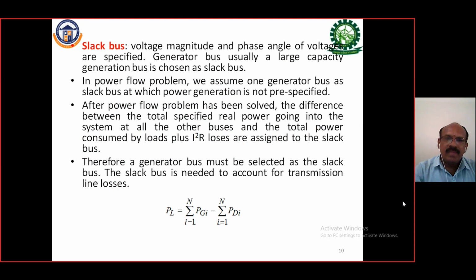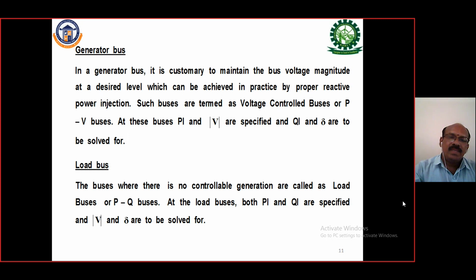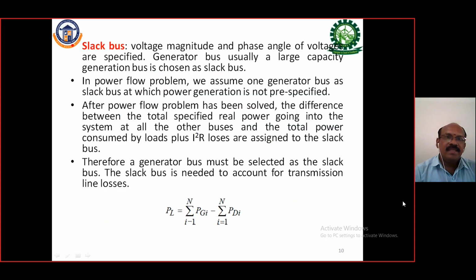So there are 3 types of buses. First one is the slack bus, second one is the generator bus, and the third one is the load bus. In the slack bus, the voltage magnitude and the phase angle of voltage are specified. A generator bus with large generation capacity is usually chosen as the slack bus.